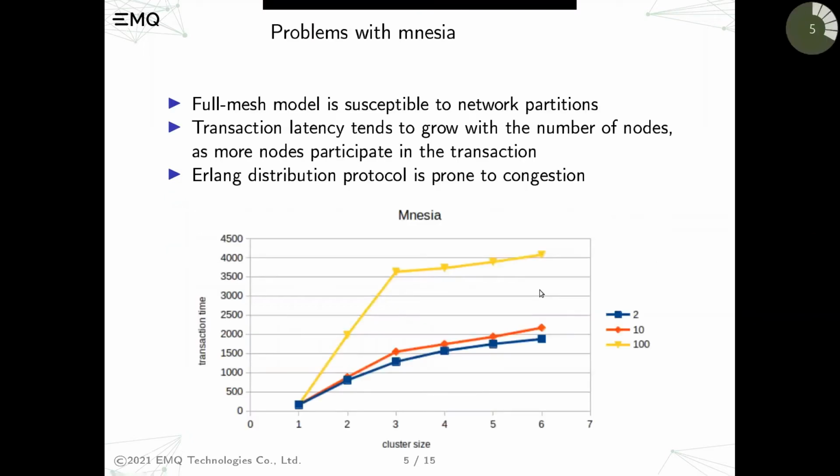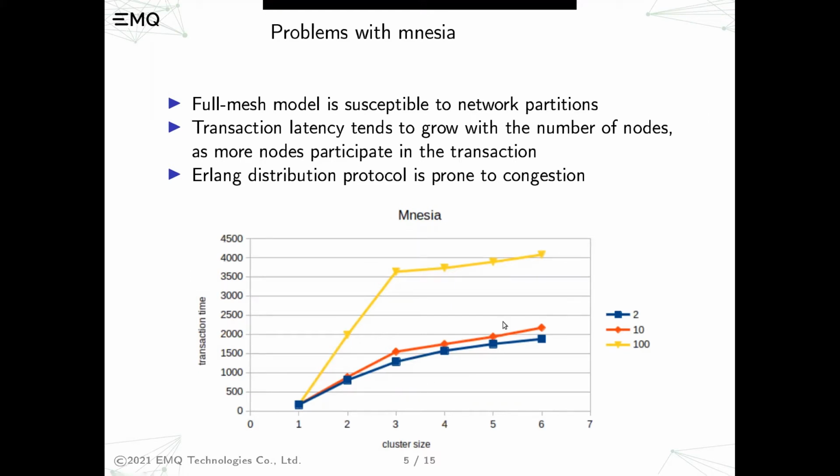So where do the problems with Mnesia come from? First of all, the full mesh model is susceptible to network partitions. Also, transaction latency tends to grow as the number of nodes in the cluster grows, as shown in the graph.